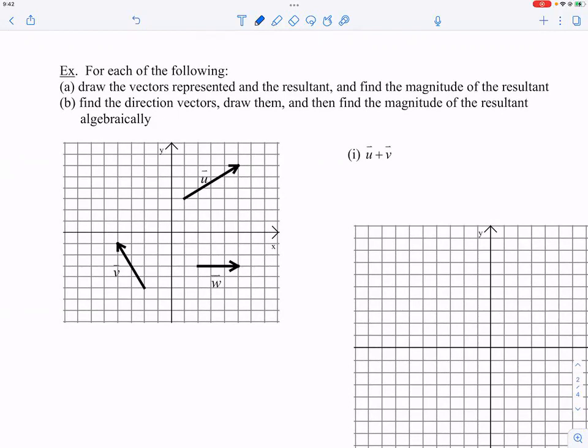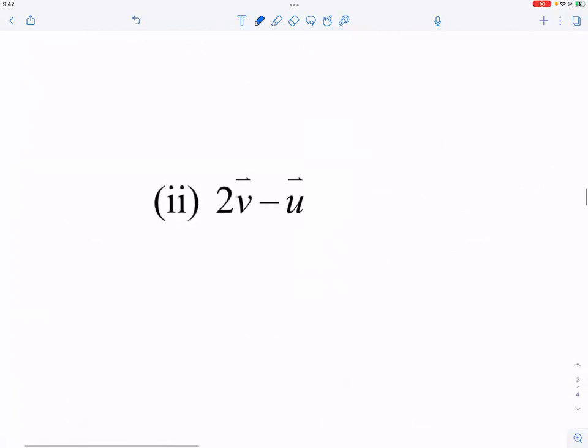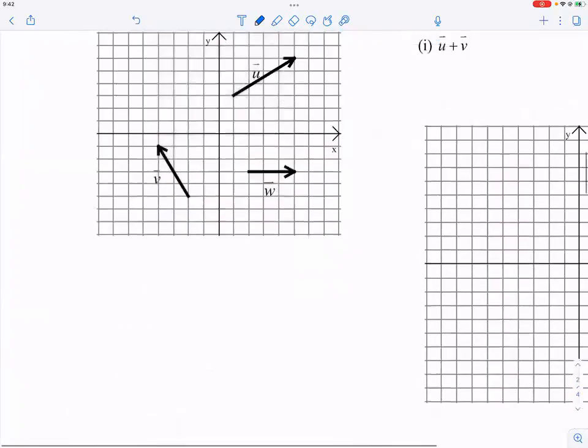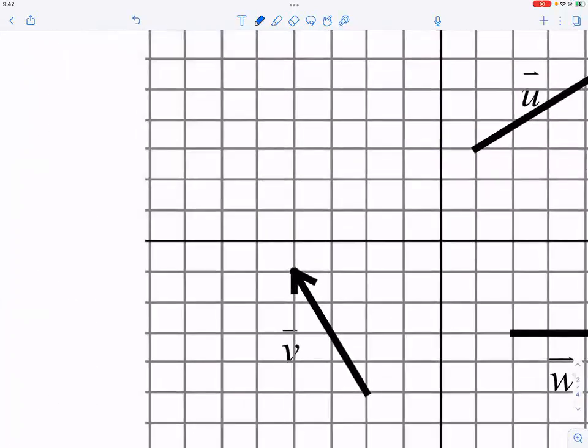If you add the vectors together, basically just join them together from head to tail. That's easy. Now, what if, like right here, there's a 2 in front of the vector v? What does it mean when there's a 2 sitting in front of the vector v? Anybody?